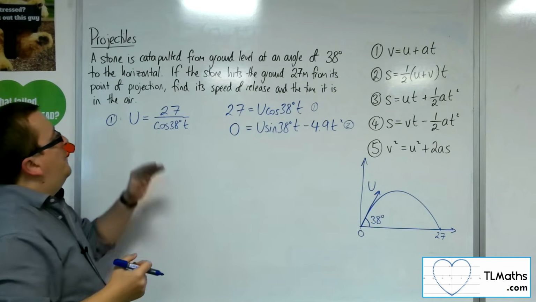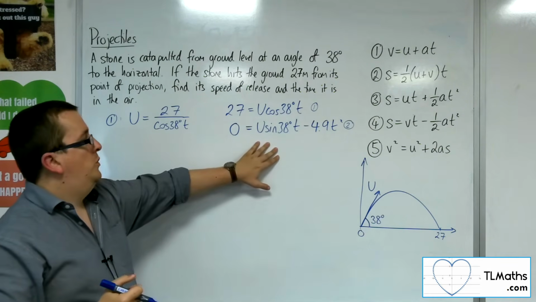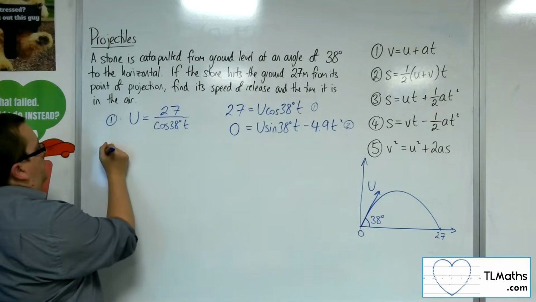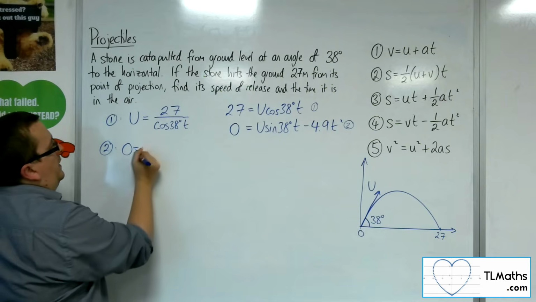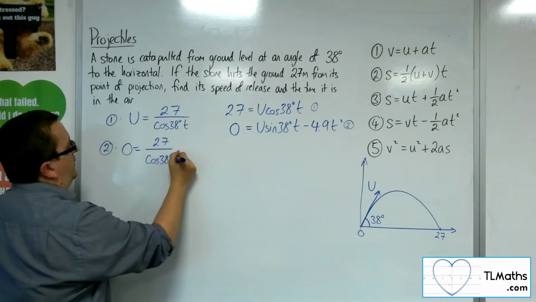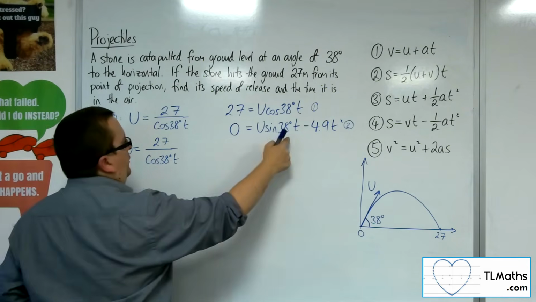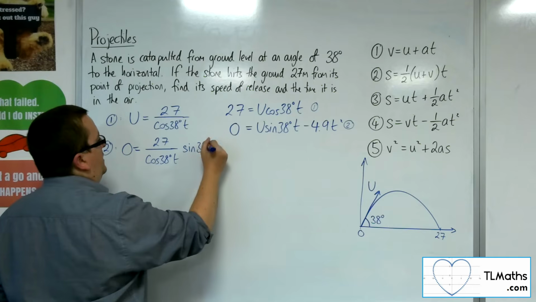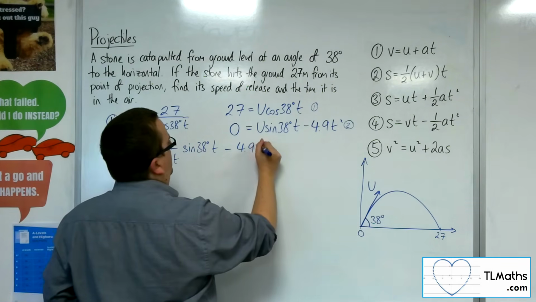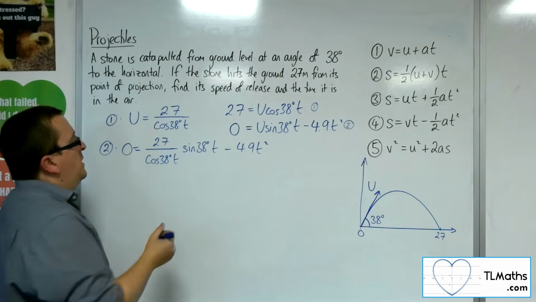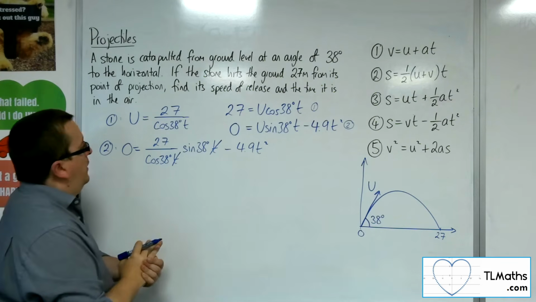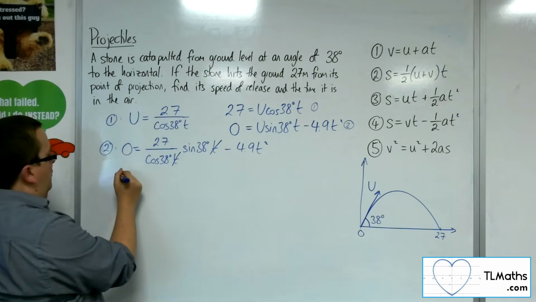Now if I substitute that into equation number 2, I get 0 is equal to 27 over cosine 38 degrees t times sine 38 degrees t, take away 4.9 t squared. Now the t's here will cancel each other out, so this gives me something I can work with.